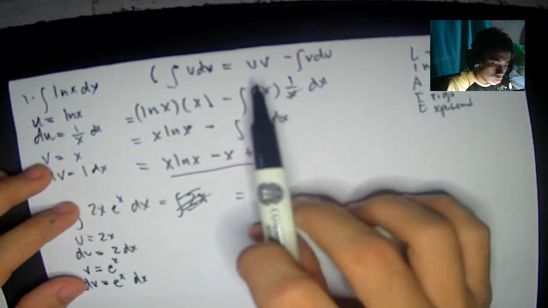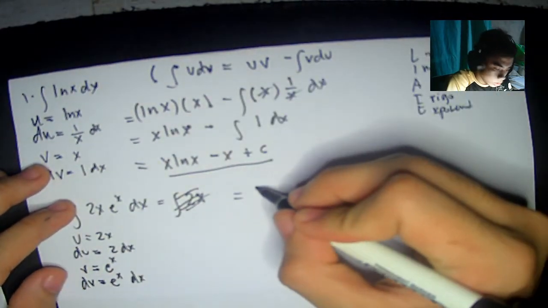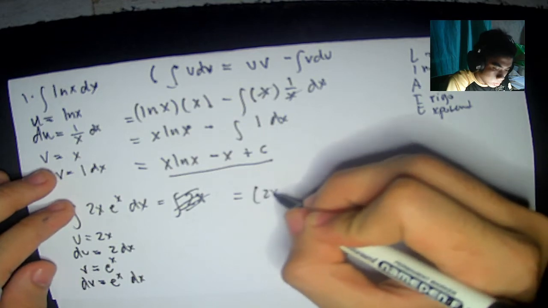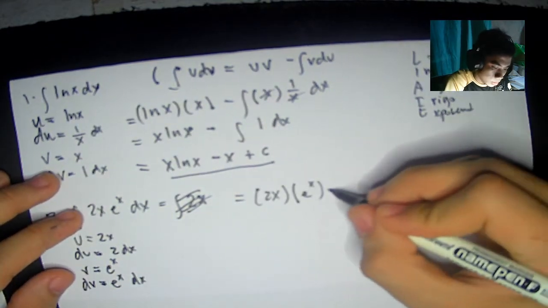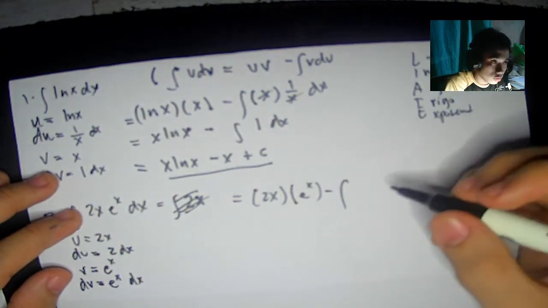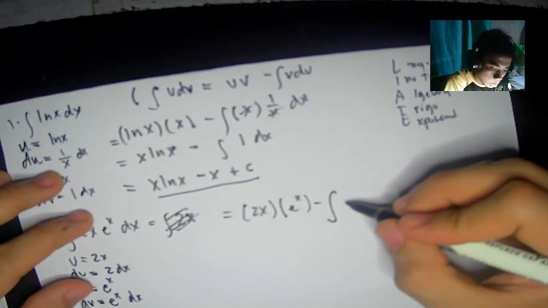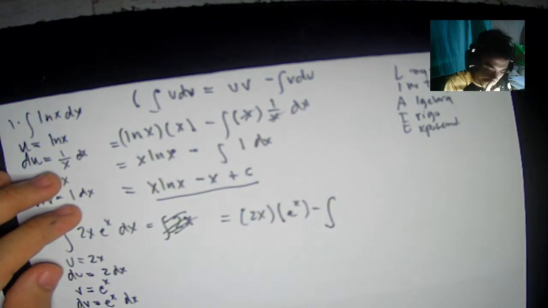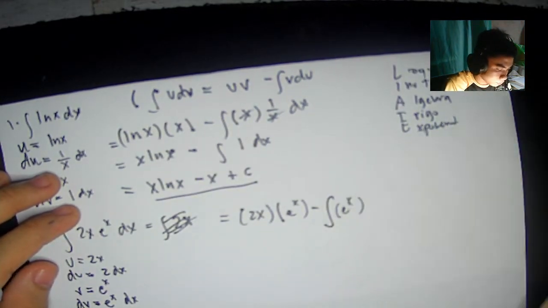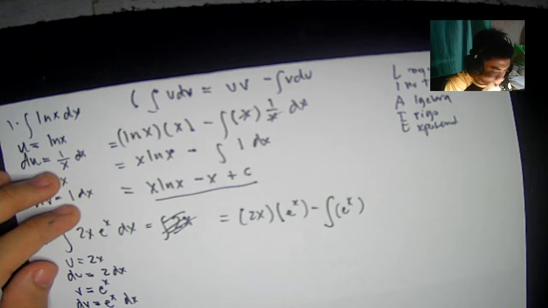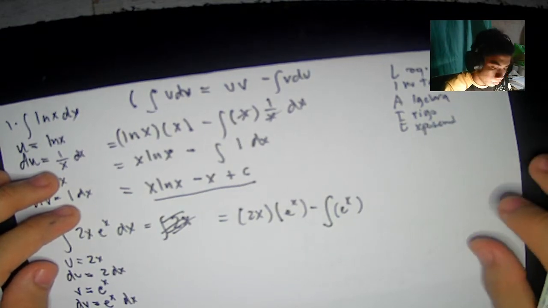So uv. What is uv? u is 2x multiplied by ex minus the integral of what? Integral of ex times du. So ex and du.